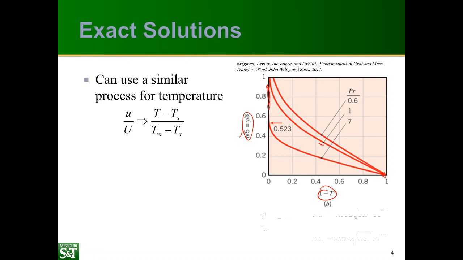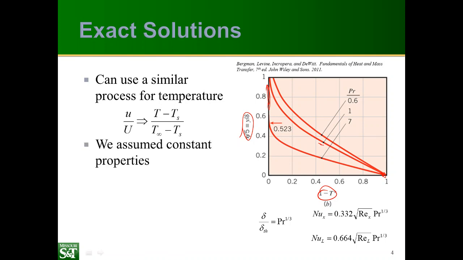Now, as I said, we can then come up with equations for the boundary layer thickness, the Nusselt number, local Nusselt number, and the average Nusselt number, which then gives us the local heat transfer coefficient and the average heat transfer coefficient.